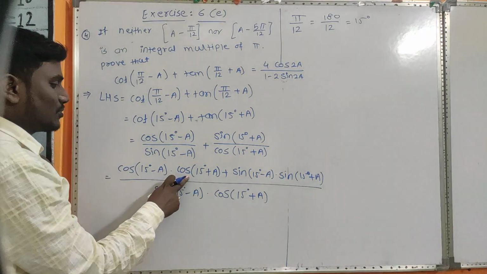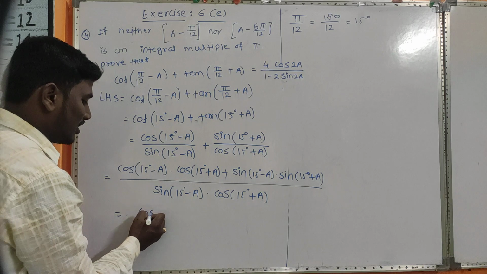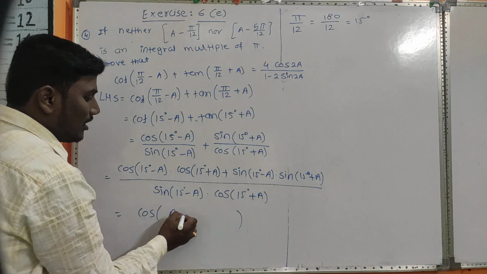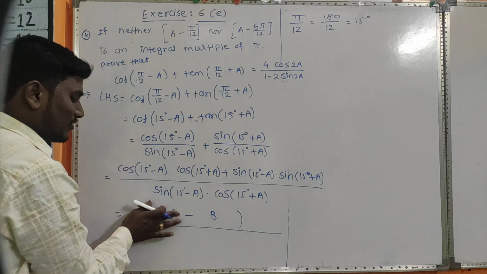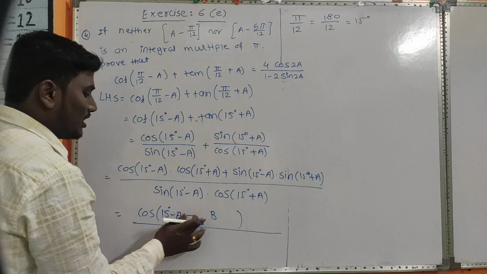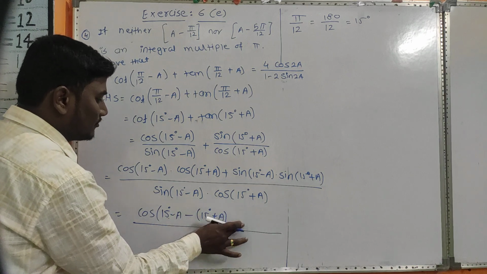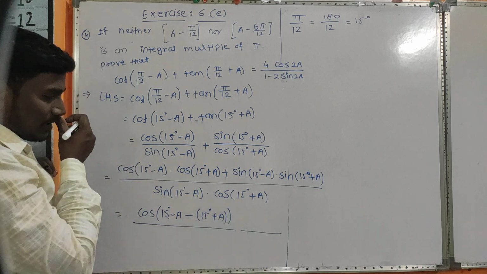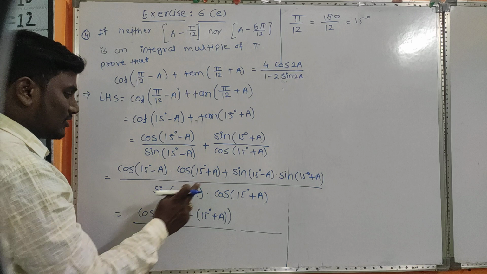The formula cos A cos B plus sin A sin B can be written as cos(A minus B). What is the value of A? A is nothing but the first one, so 15 minus A minus this 15 plus A. Is it clear? For the factorization formula, you want a 2 here, so multiply and divide by 2 this expression.